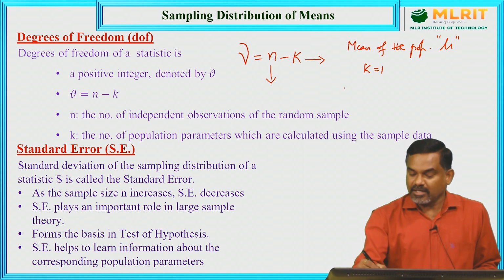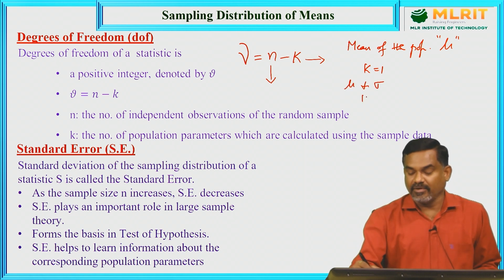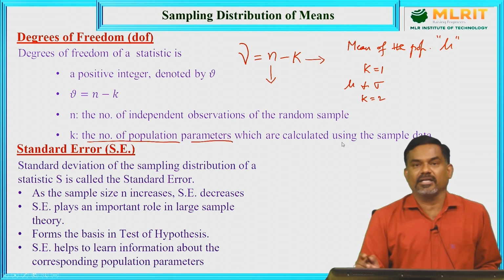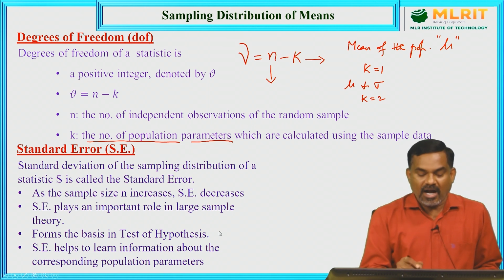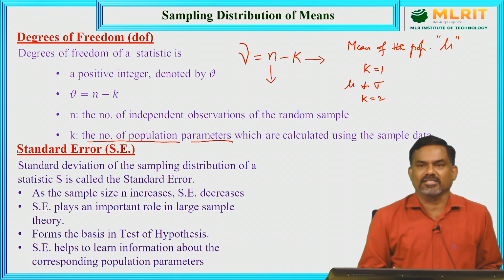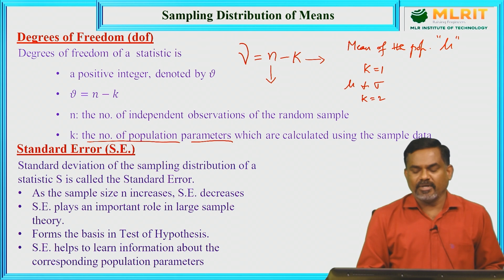If we are calculating both mu and sigma, the standard deviation, then K will be 2. So, K is the number of population parameters which are calculated using the sample data, and n is the number of independent observations. So, the degrees of freedom is a positive integer denoted by nu, given by n minus k, where n is the sample size and k is the number of population parameters which are obtained from the sample data.